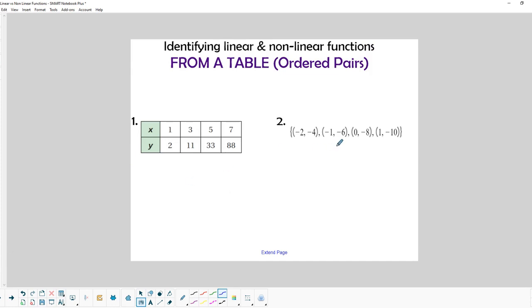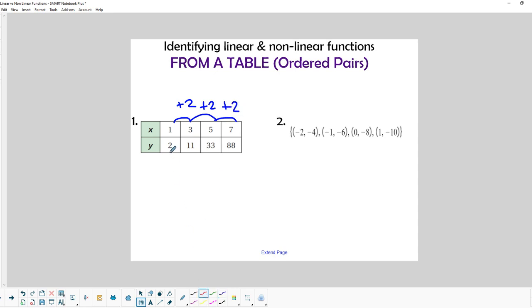Okay, so how can we tell if a function is linear versus nonlinear from a table of ordered pairs? Well, first of all, in order to tell if it's linear, we just find out if it's got a constant slope. So let's look at the change in x. In this step, we're going +2, +2, +2.